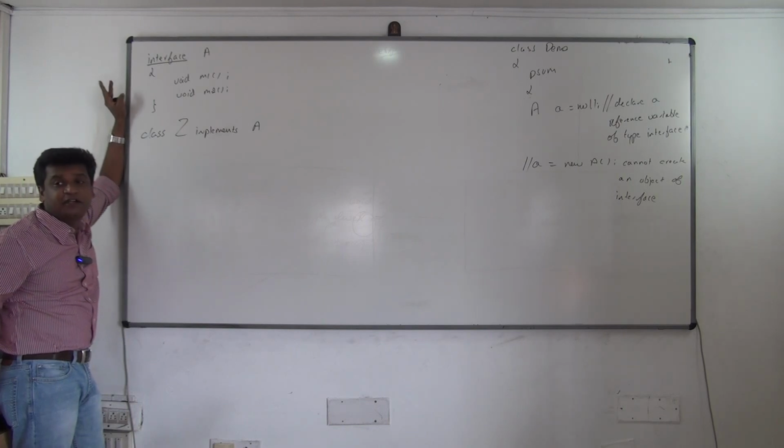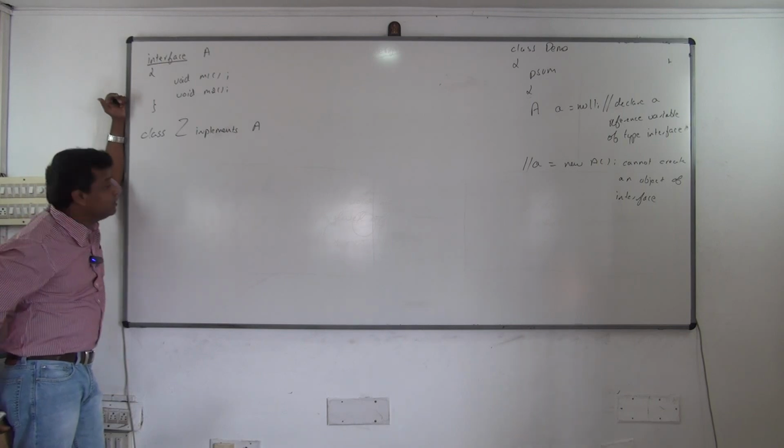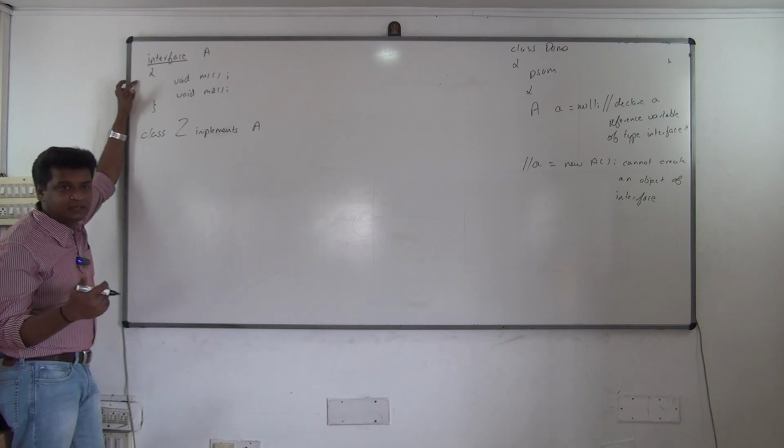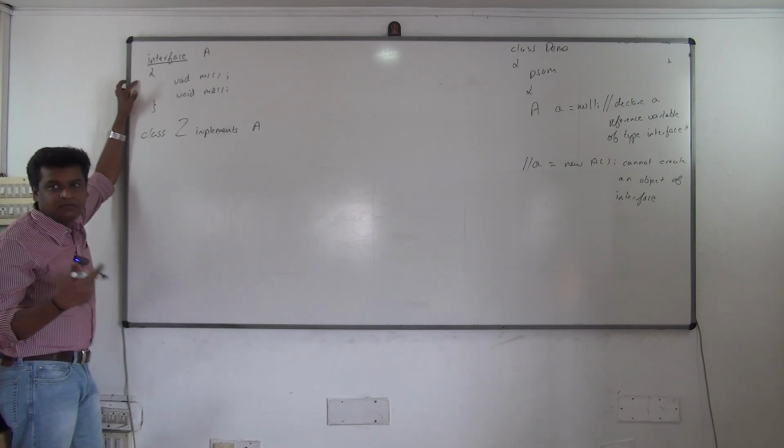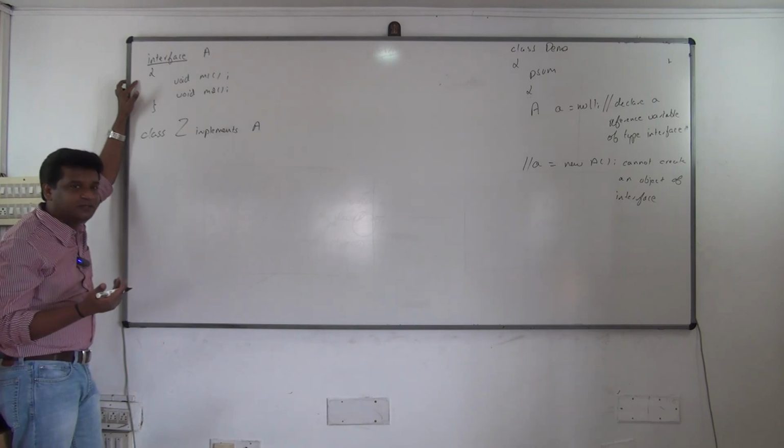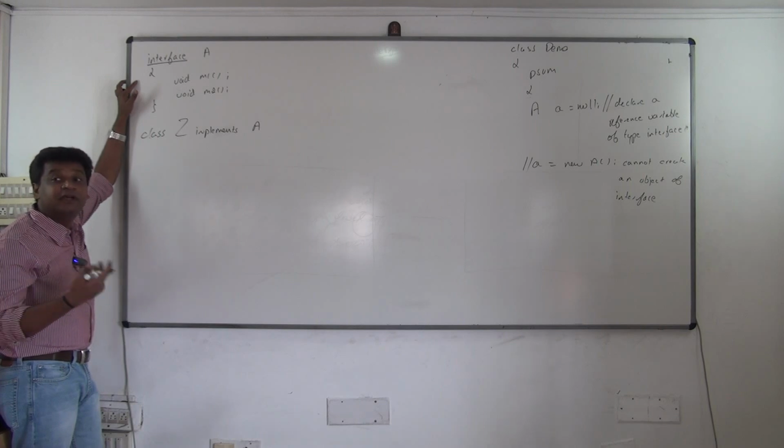An abstract class data type is designed with 2 keywords, abstract and class. Which data type you want to design, you have to use the appropriate keywords.